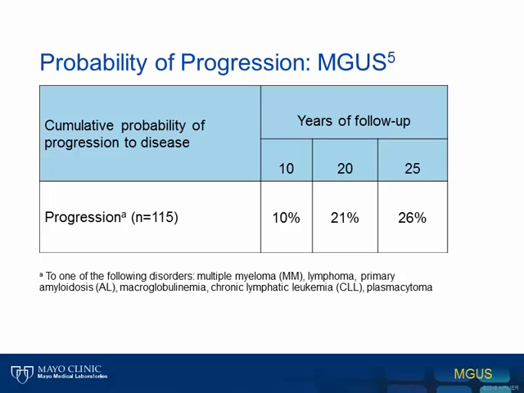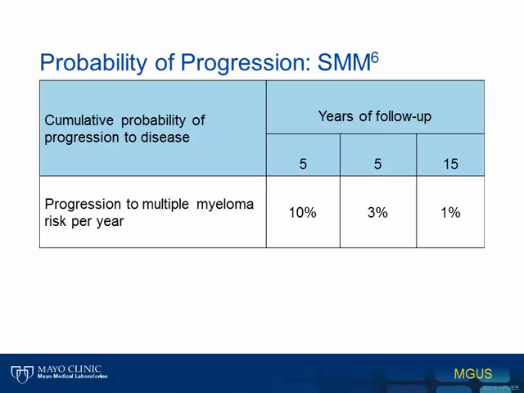This slide lists the probability of MGUS progressing to multiple myeloma and related diseases. This is a study of 1,384 patients monitored for up to 25 years. The progression rate is approximately 1% per year, and it does not change over time. Smoldering multiple myeloma, on the other hand, is considered an intermediate stage between MGUS and symptomatic multiple myeloma.